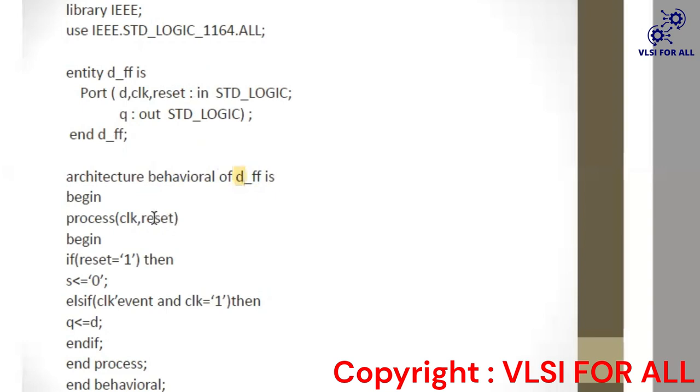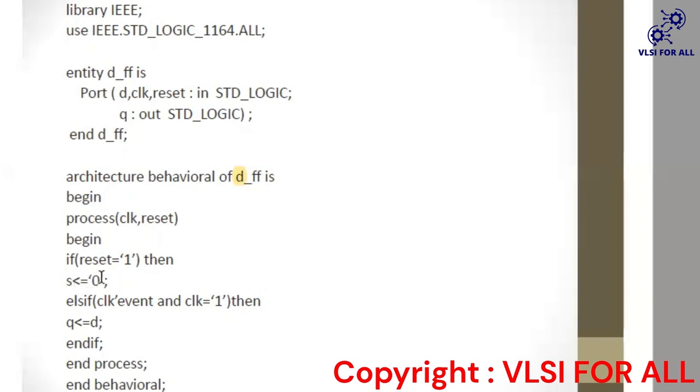After beginning the process, if reset equal to 1, then S equal to 0. Sorry, it will be Q. So if reset equal to 1, then Q equal to 0. This is not S, this will be Q, because we haven't defined the S variable here.